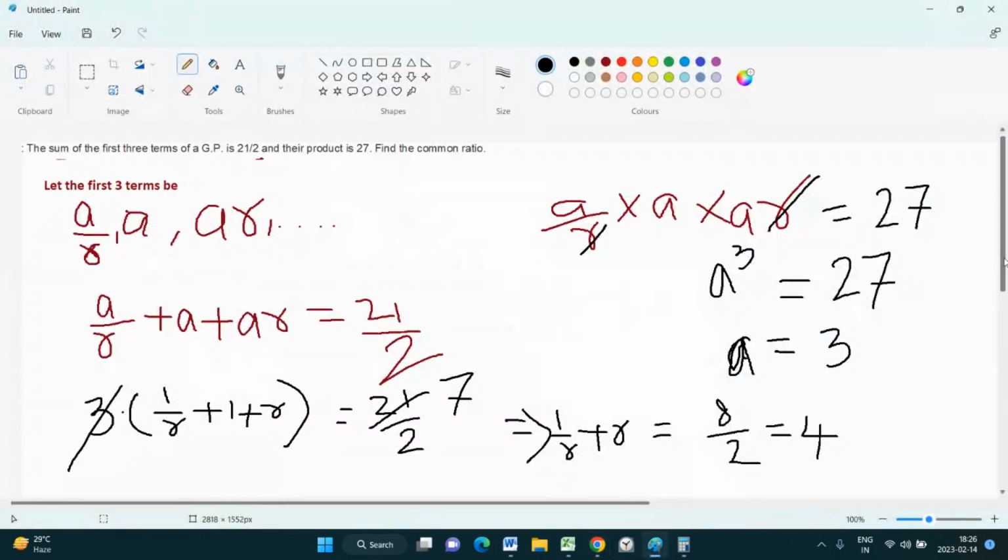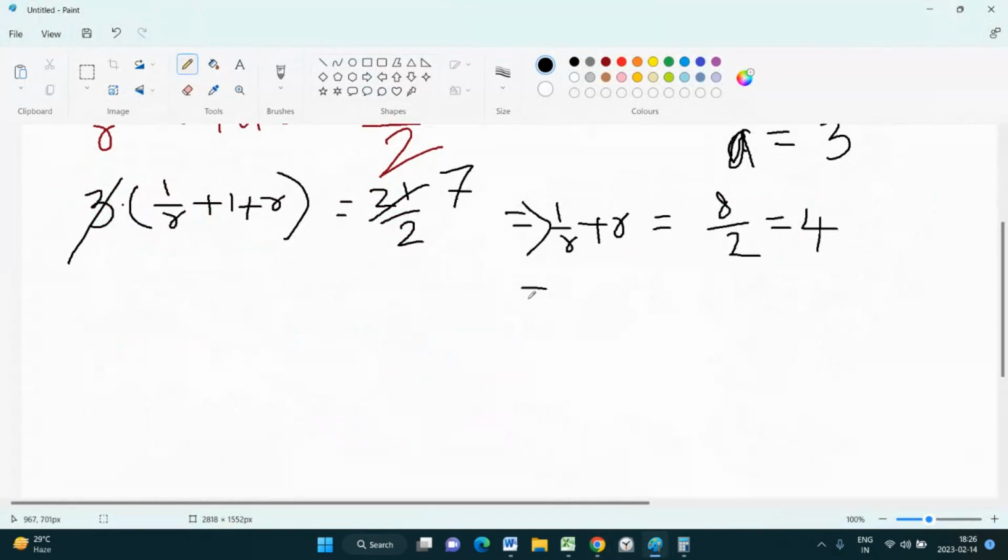So now, this is nothing but 1 plus r square by r equal to 4.